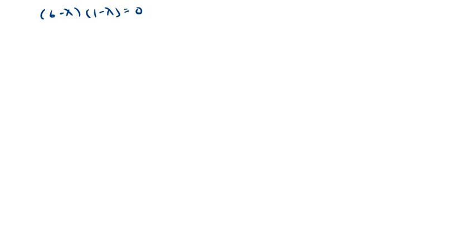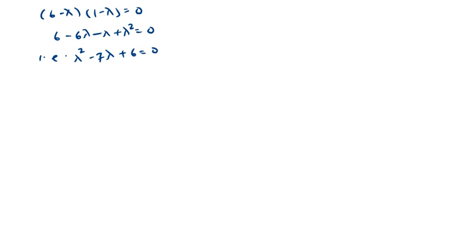Now solving this, it will be 6 into 1, 6, minus 6 lambda, minus lambda, plus lambda square equal to 0. That is lambda square minus 7 lambda plus 6 equal to 0.